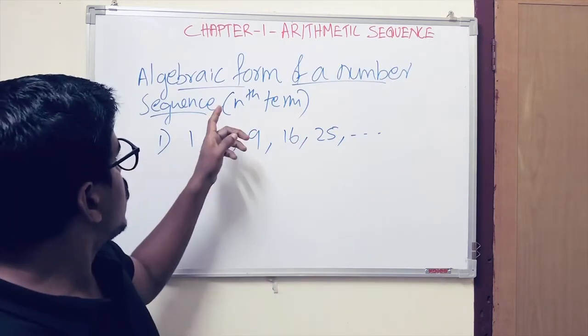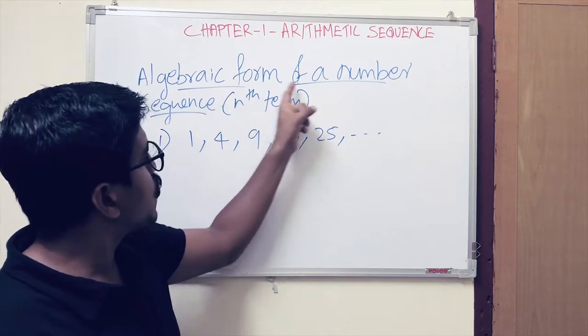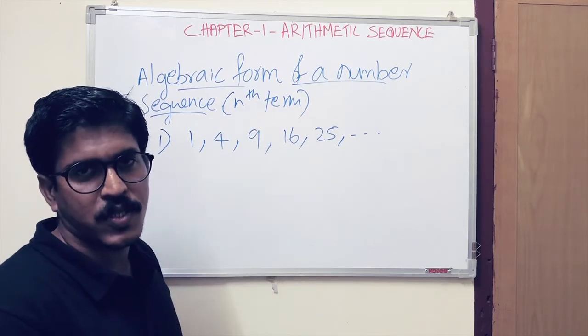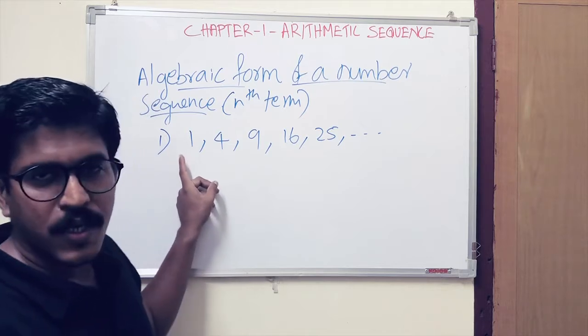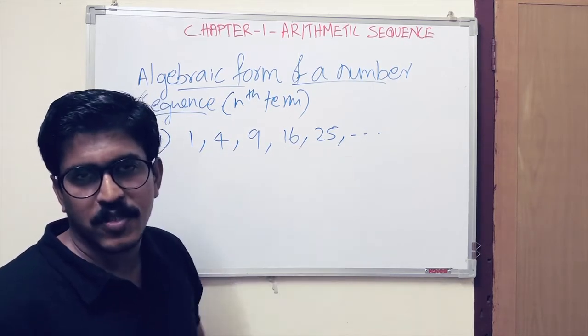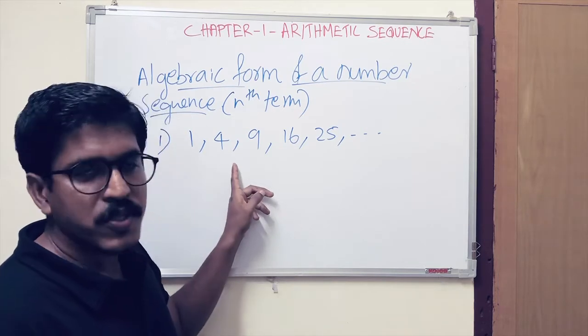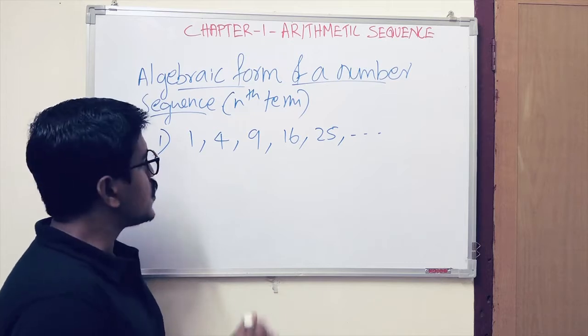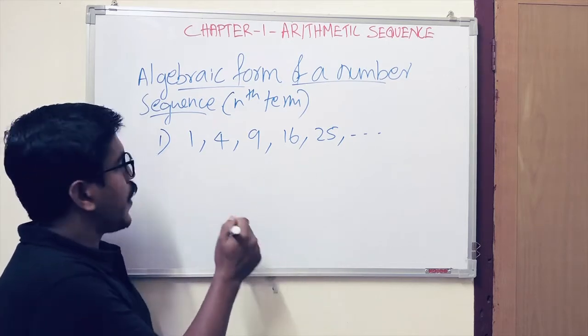Now we can discuss the algebraic form of a number sequence, or the nth term of a number sequence. Let us consider one number sequence here: 1, 4, 9, 16, 25, etc. We already discussed this number sequence. We already know that these are the squares of natural numbers.